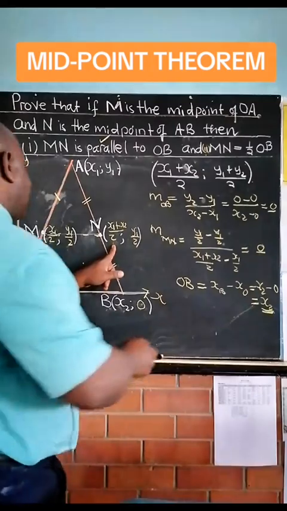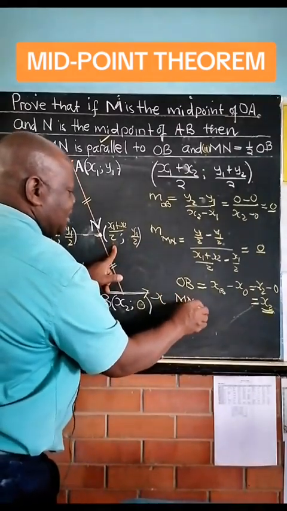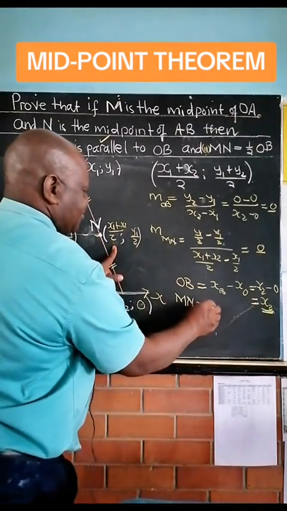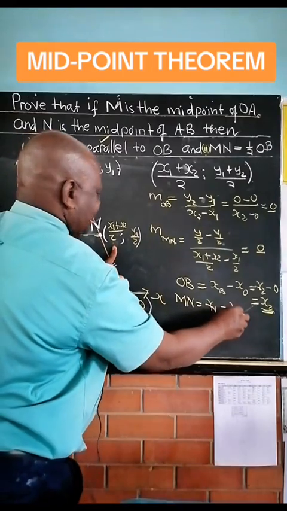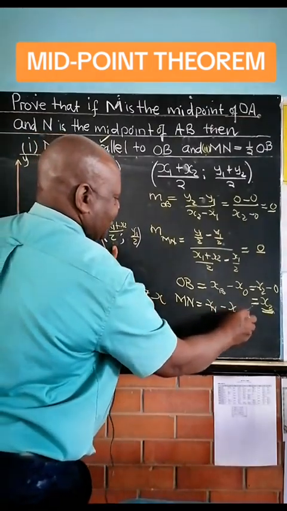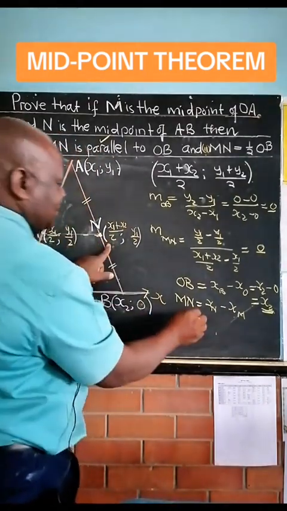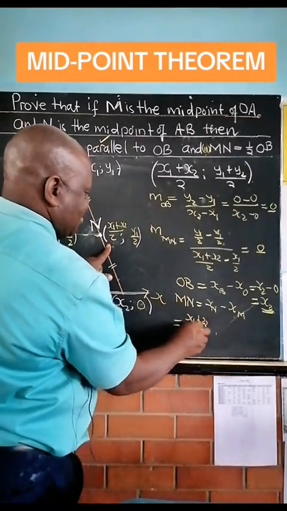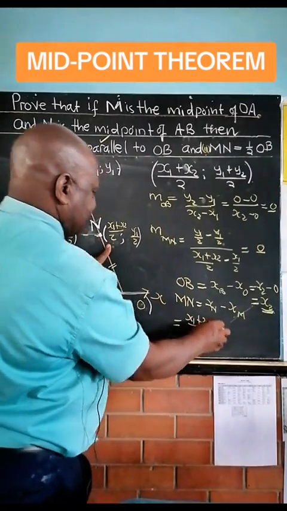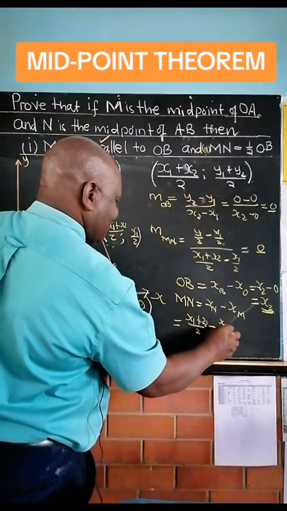So MN is equal to the x value at N, subtract the x value at M. The x value at N is x1 plus x2 over 2, subtract x1 over 2.